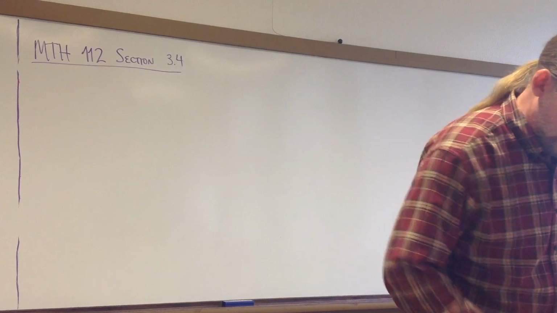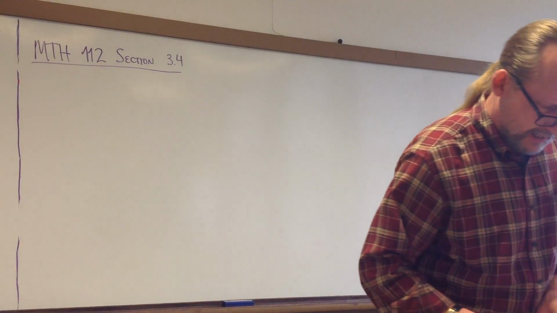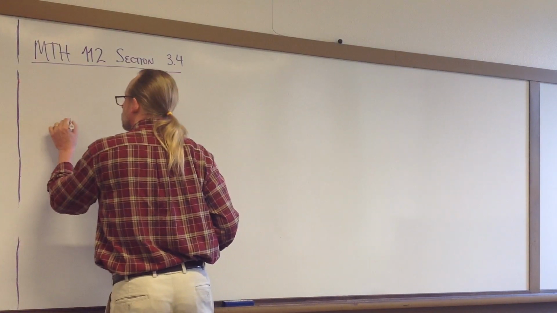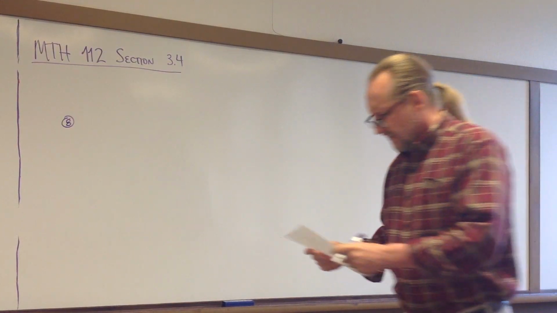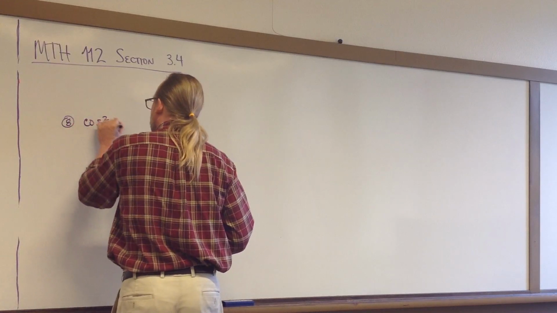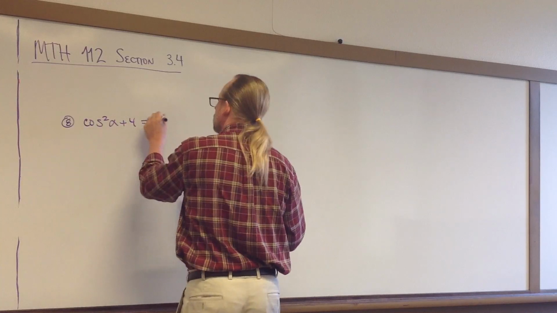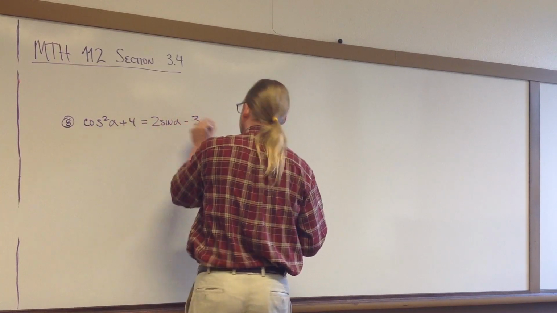Problem 6 I think is very similar, so I don't think we really need to look at that one. Problem 8 is where problems start to get a little bit different. Let's take a look at that one and talk about how to approach it. Here we've got cosine squared alpha plus 4 equals 2 sine alpha minus 3.